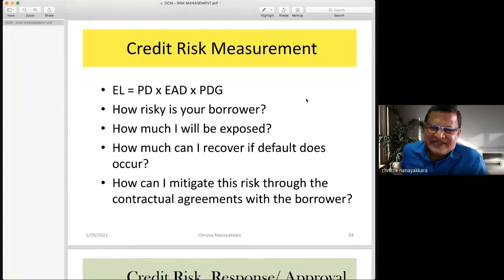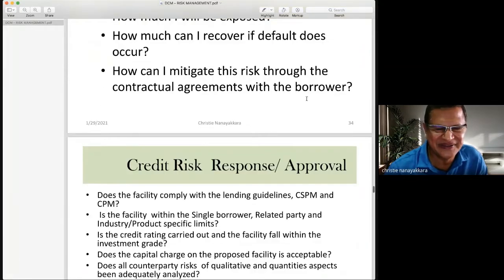So the risk is measured by this particular equation, and then to mitigate, you take sufficient collateral to avoid the bank suffering a loss. This method is being used by the risk management unit, and I think some have already built this into their system, and the system will generate based on the credit rating of the customer. So it's a kind of measurement they use.